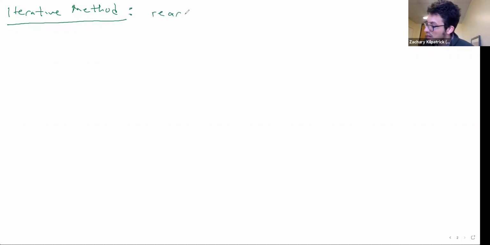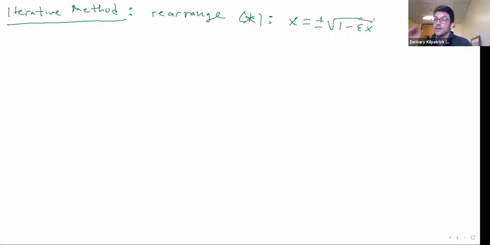Well, usually what we have to do is rearrange our equation, the thing that I'll call star, so that on one side of the equation we have our unknown variable by itself, x by itself. So x is equal to plus or minus the square root of 1 minus epsilon x, right? So I have not solved this equation fully. I still have an implicit version of this equation, okay?